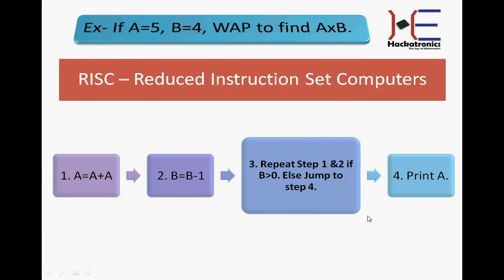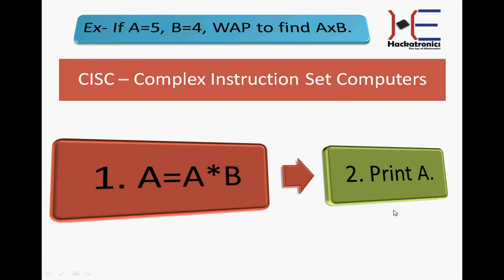Now we will study what is CISC. Again, same example of multiplication. Now come back from your childhood memories, you have grown up now. If anyone asks you what is 5 into 4, you will calculate for some time. I know 5 into 4 is easy, but just think it as an example.